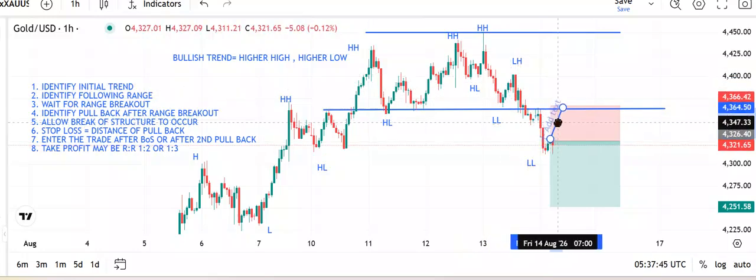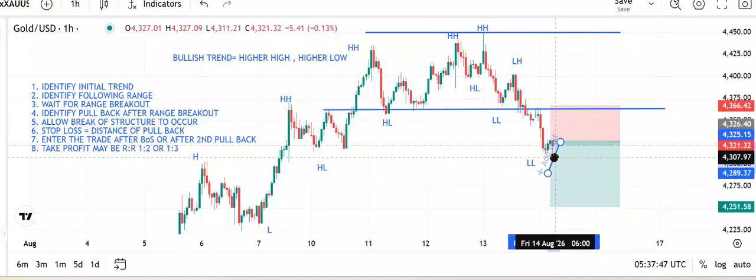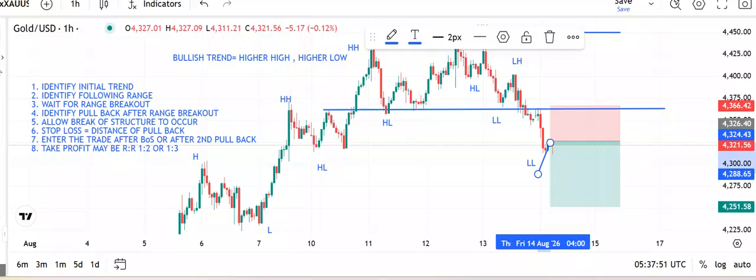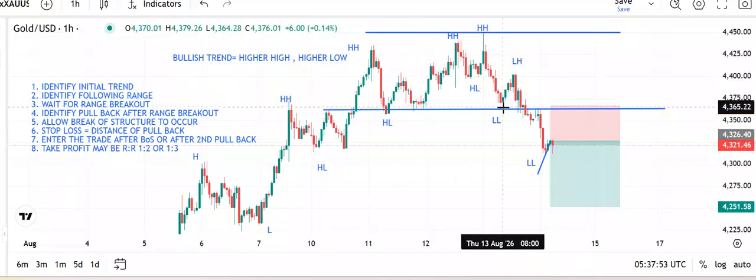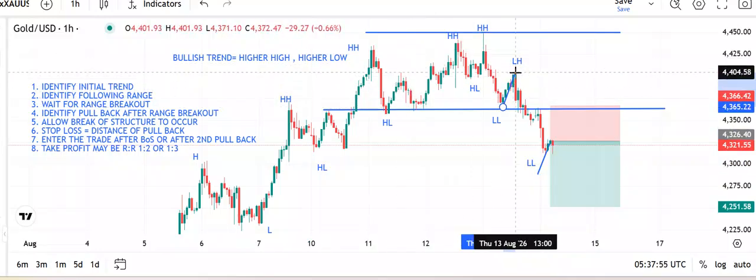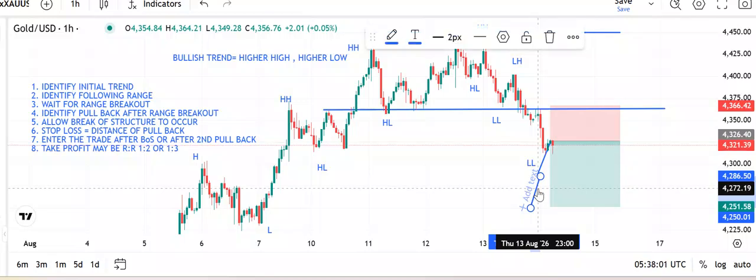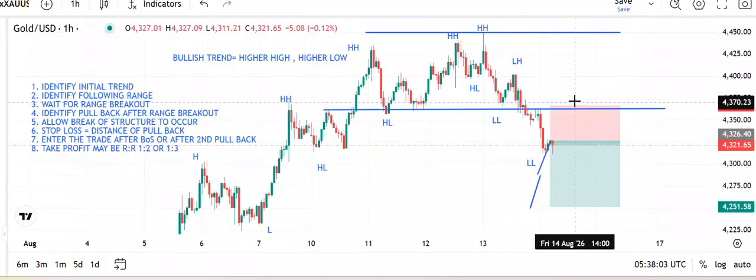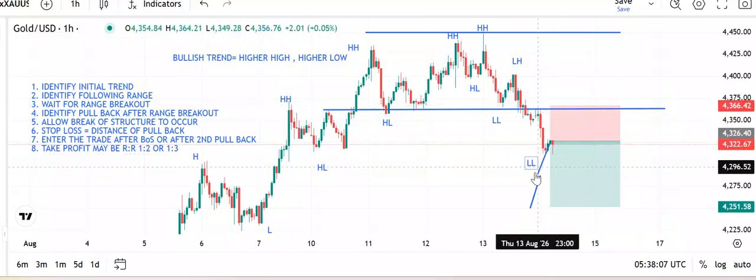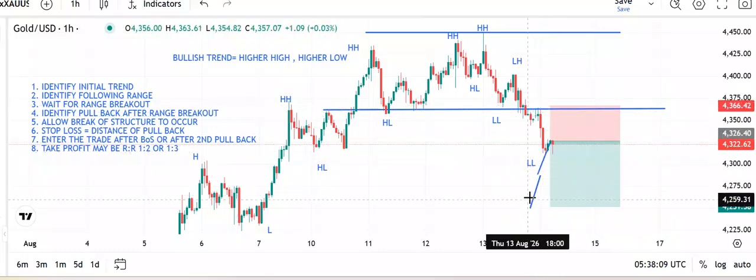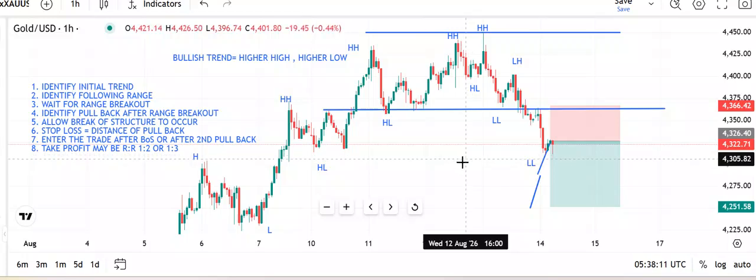This is it, right? And I enter here. So twice that depth is going to be my TP for ratio 1 to 2, risk reward ratio 1 to 2. So the risk is 350 pips. TP will be 700 pips.